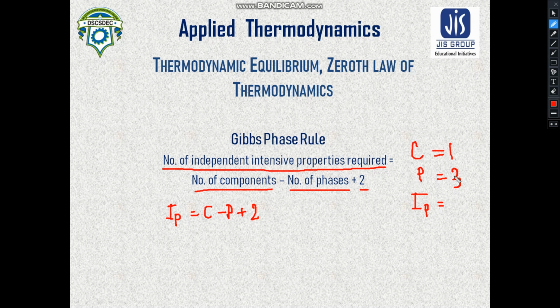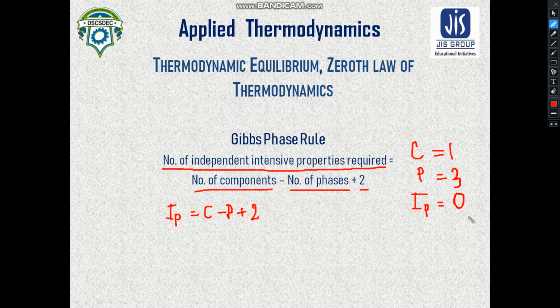Physically the situation will become much more complex. The number of independent properties will be 0, which means it is already a predefined state. We are considering the triple point of water.